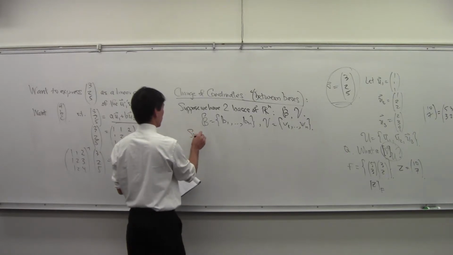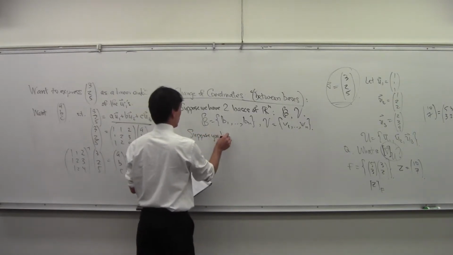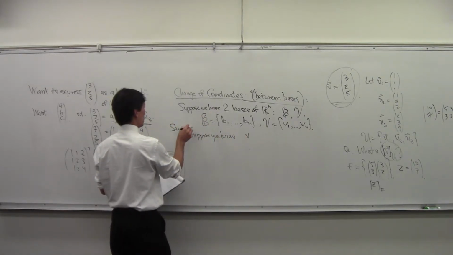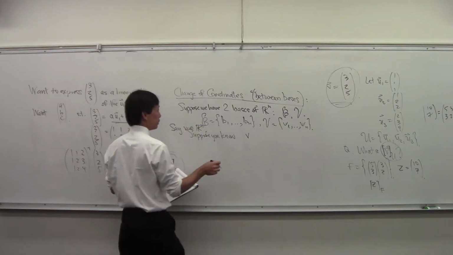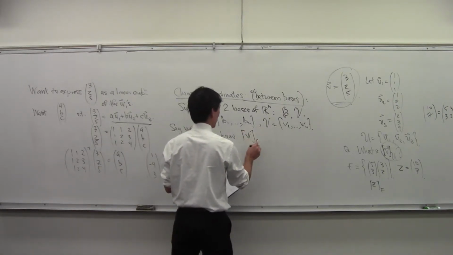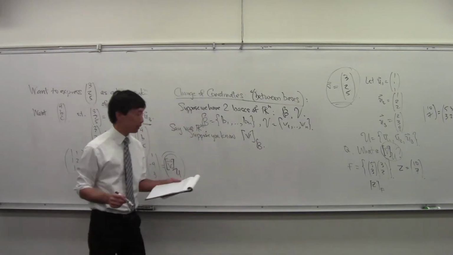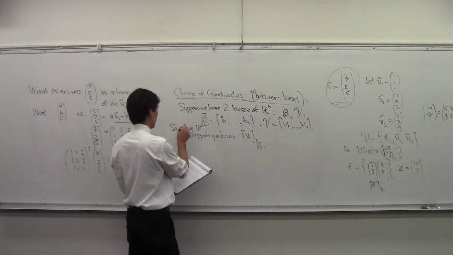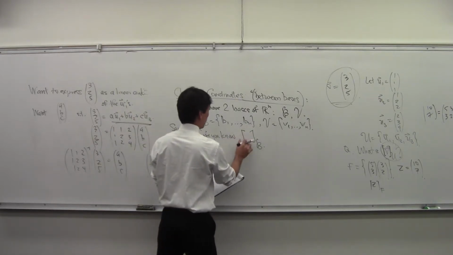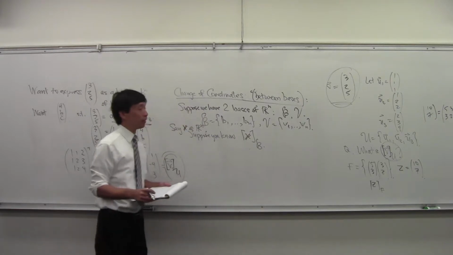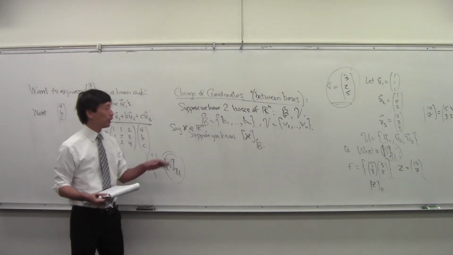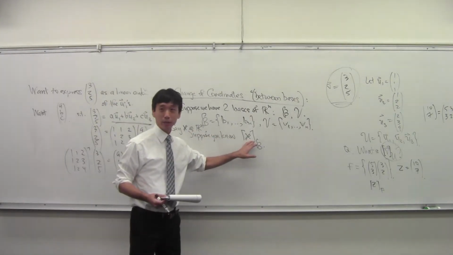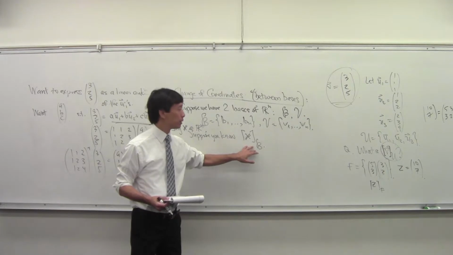Suppose you have some vector, let me call it X rather than B so we don't get confused with the basis. So you have some vector X in Rn, and you know its coordinate vector with respect to the B basis.